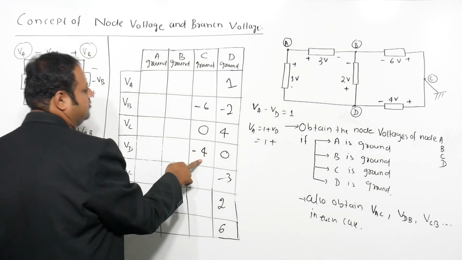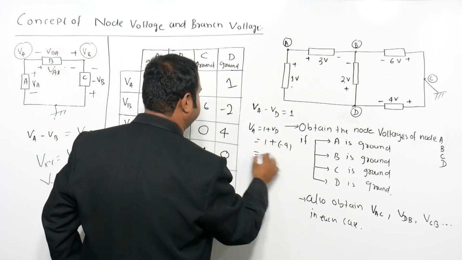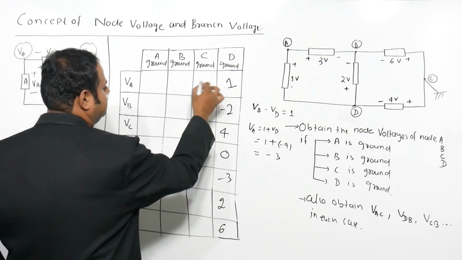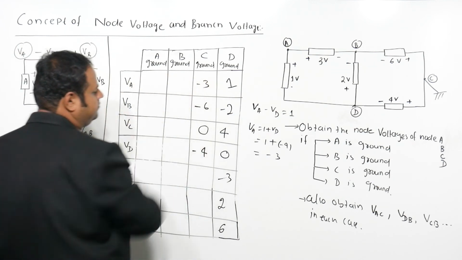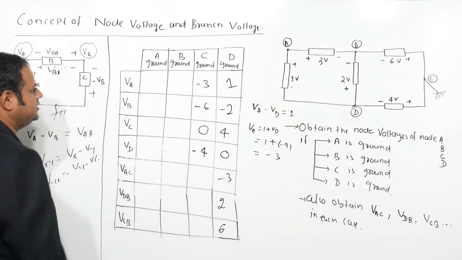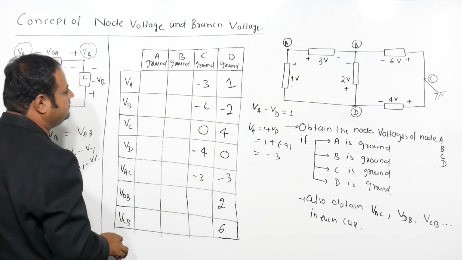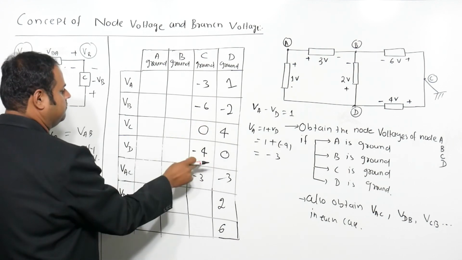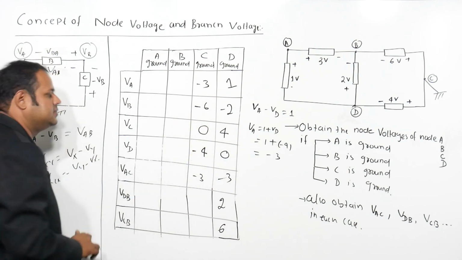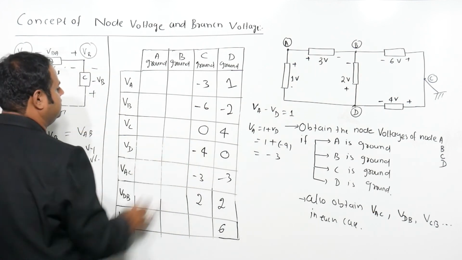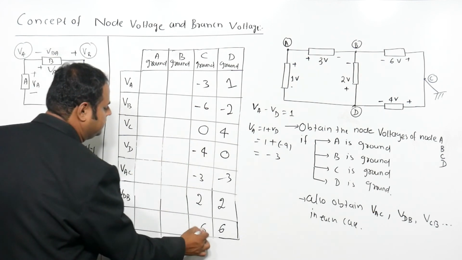I got VD as minus 4, so this is coming as minus 3 volts. If I ask you what is VAC, minus 3 minus 0 is minus 3. What is VDB? VD minus VB, minus 4 minus of minus 6, that is 2. And VCB, 0 minus minus 6, is coming as 6.